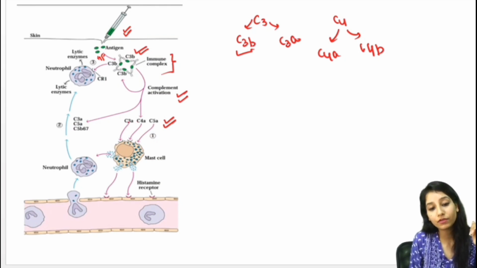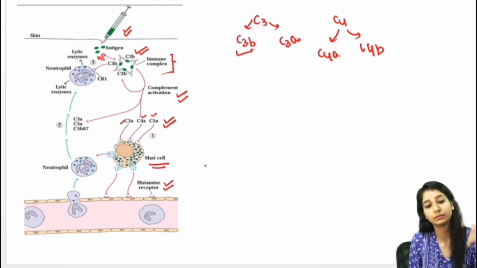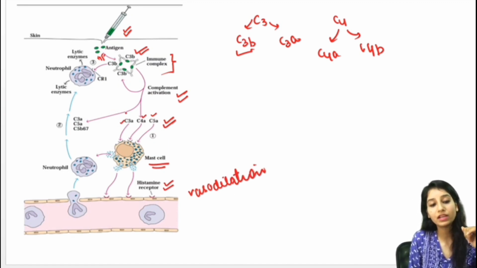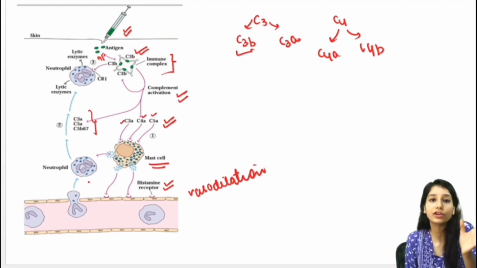For example, here you can see C3a, C4a and C5a activate the mast cell, and the mast cell has secreted histamine, which causes vasodilation. With that, C3a, C5a, C5b, 6, 7, this whole complex has attracted the neutrophils also.